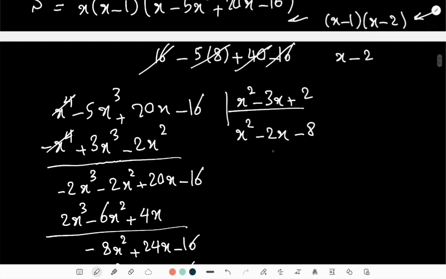So then I get this guy, and that is also factorizable, and that is x minus 4 times x minus 2. Interesting. Sorry, x plus 2. Interesting.